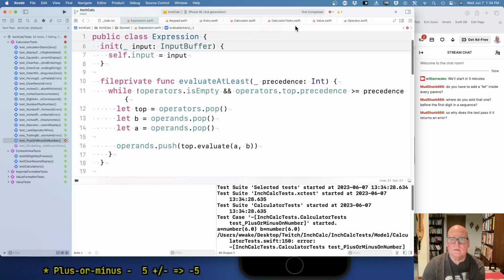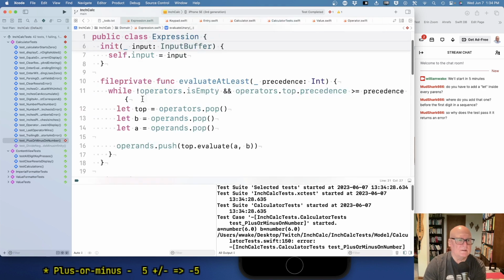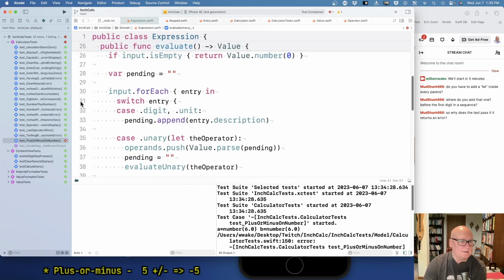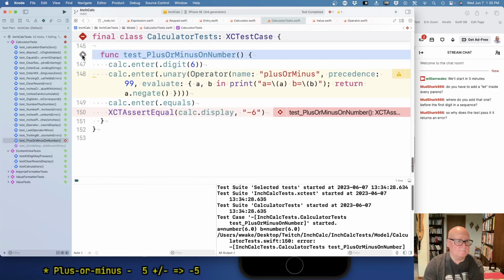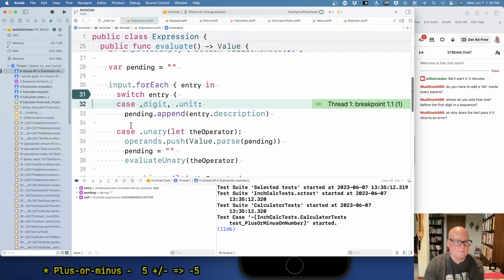What's our code test now? Is it 6? Oh, just 6 plus or minus. Okay. So I'm going to walk through here. Okay, so this should be digit, right? And then entry is unary op.